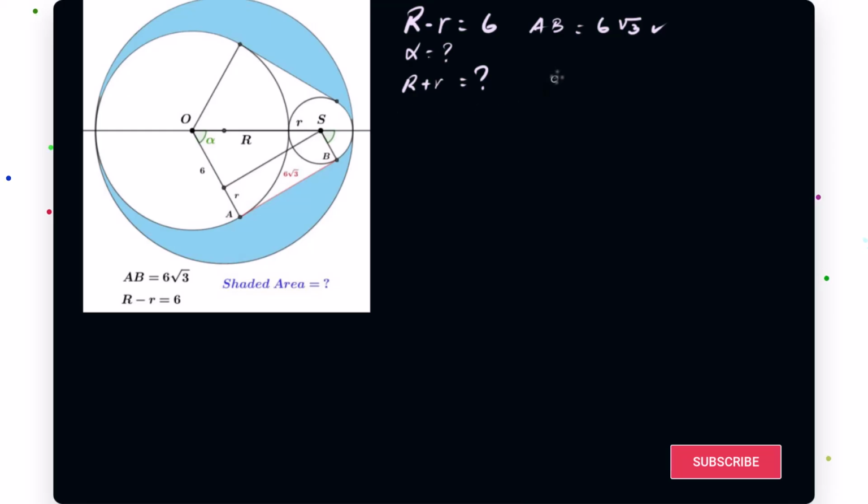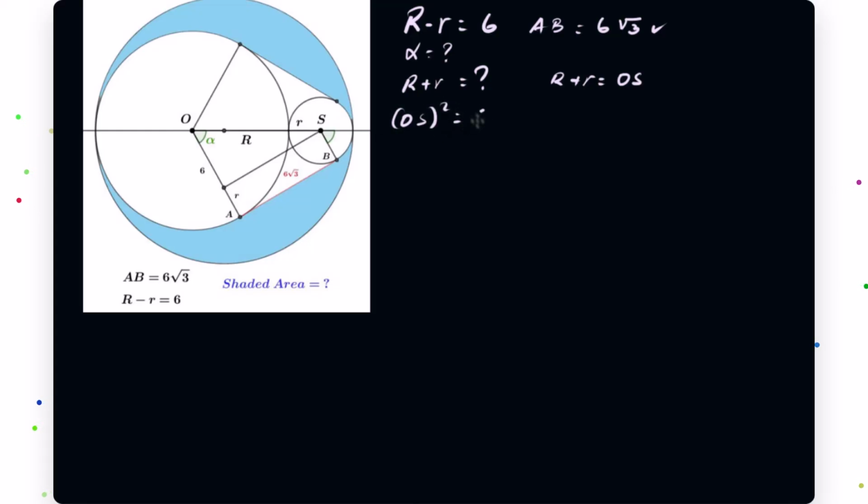If you look at the right triangle, we know that OS squared is equal to 6 squared plus 6√3 squared. So that is very good. That gives us a good hint here. 6 squared plus 6√3 squared gives us 144, right?